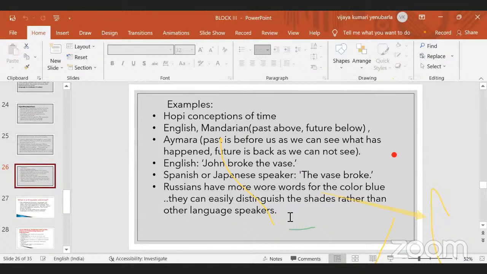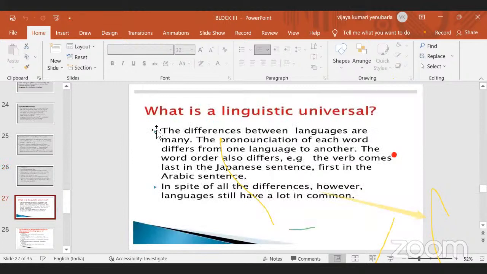Knowledge is also of 7 types: numerical knowledge, spatial knowledge, such types of things are there. That's a different topic. So it clearly says that they have better spatial knowledge based on their language when compared to us. So this is how language plays an important role, and how language determines our idea.